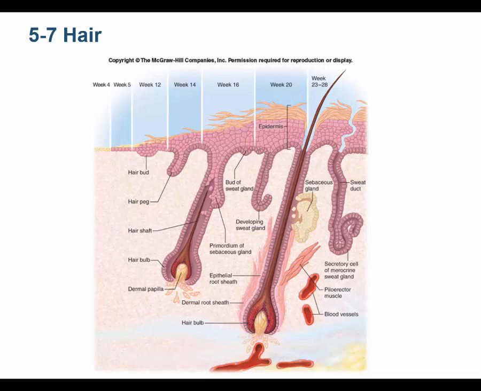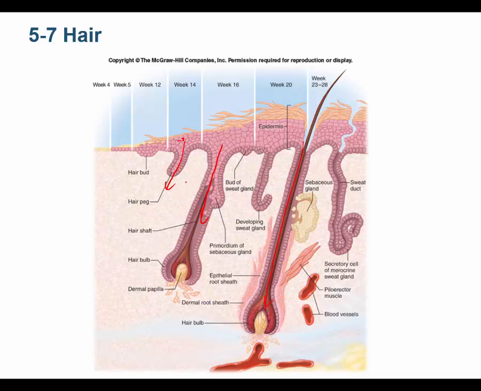This is why I keep telling you to think of the hair follicle as the epidermis pushed down, because it indeed is. See, this is the epidermis, and if you push deep and keep pushing deeper and keep pushing deeper, you have finally formed this hair follicle that the hair shaft's going to grow out of.